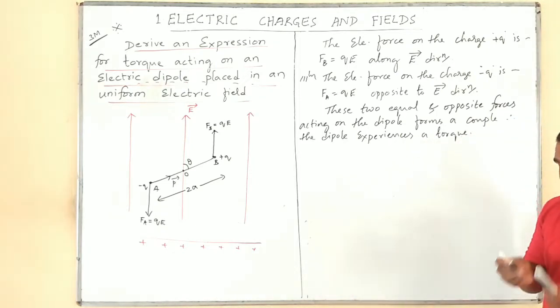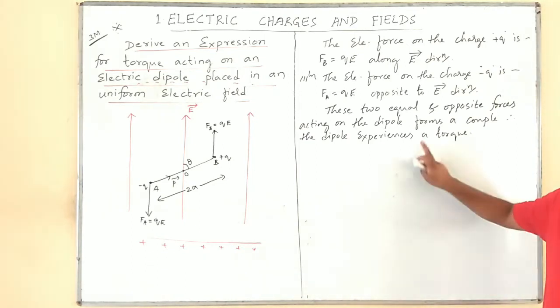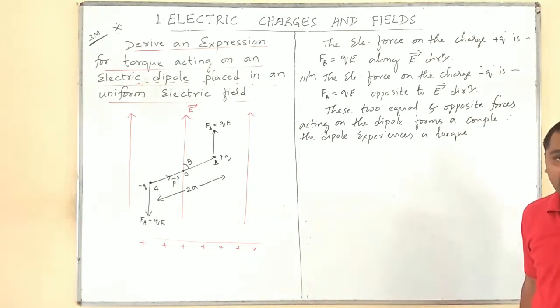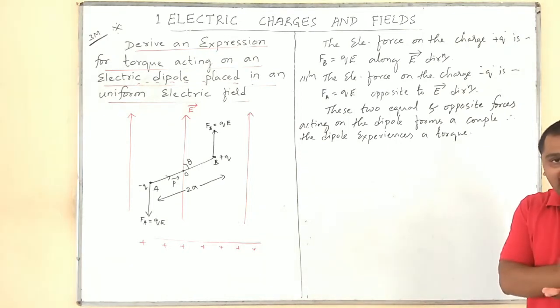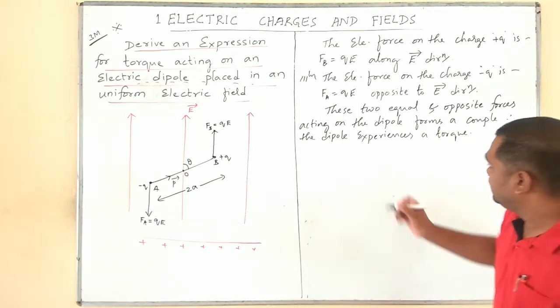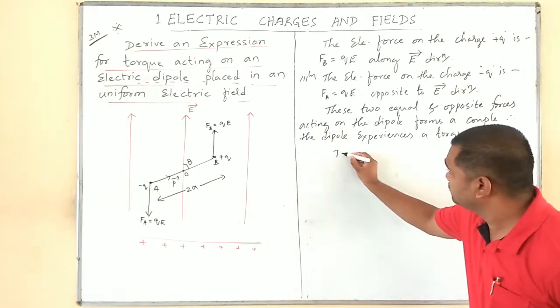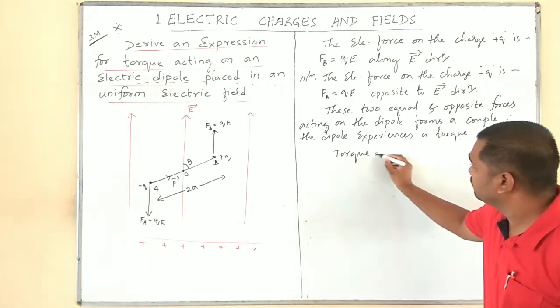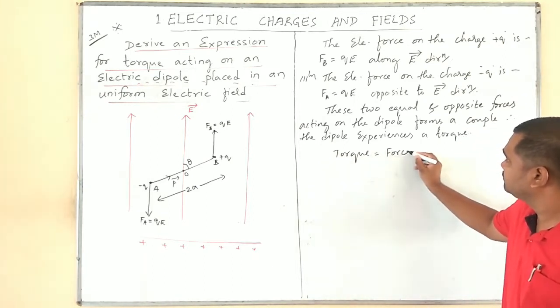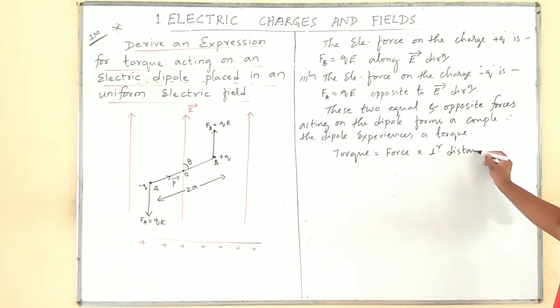We have to know about the concept of torque. Torque is force into perpendicular distance, which plays a very important role in our daily life while turning a page, while turning different objects. See here, torque, denoted by tau, is given by force into perpendicular distance.